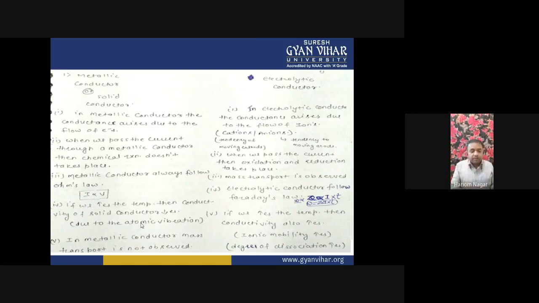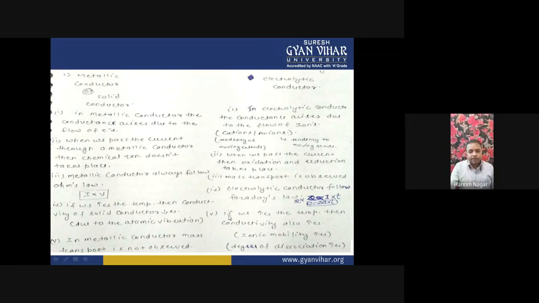But if we increase the temperature, then these atoms vibrate, and due to this vibration there is blockage in the pathway of the migration of the electrons. So if the electrons' pathway to move is blocked due to the atomic vibration at increasing temperature, then conductivity will also decrease.